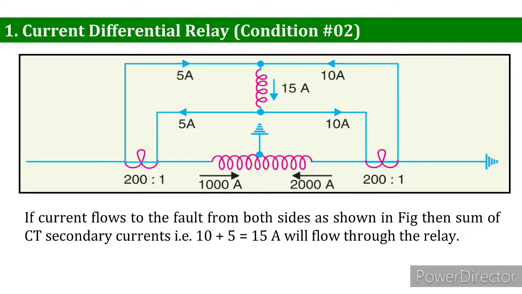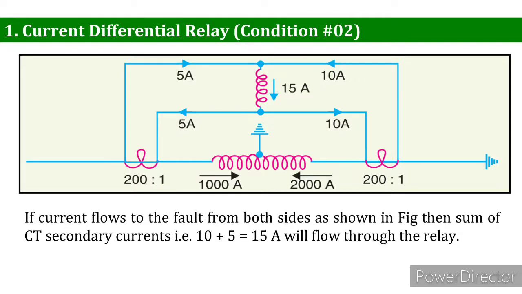So same as the case of condition 1, if that 15 ampere is the value set by the user and the current exceeds that value, the relay will operate. And if it is set below 15 ampere, the relay will not operate.